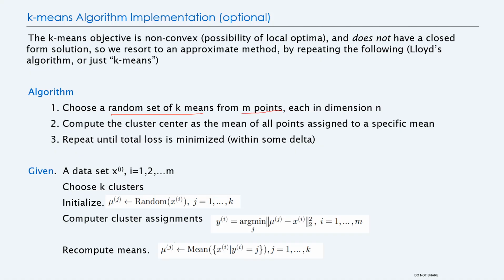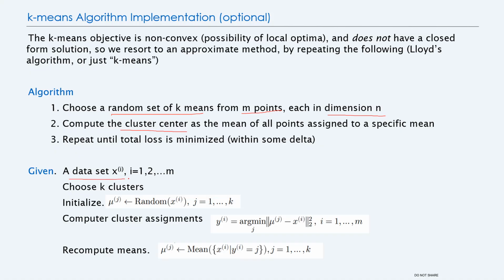For example, if you think about grades, I want to have 5 groups of grades, A, B, C, D, F, right? And the cluster points can have dimension in each of those things. And then the idea is you compute the cluster center as the mean of all points assigned to that specific mean.